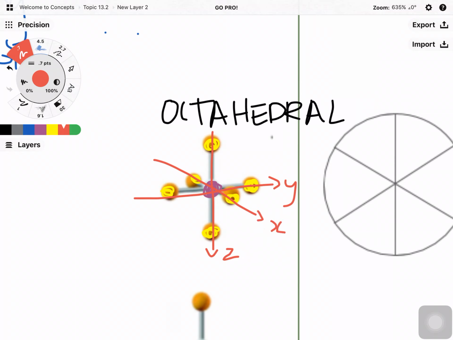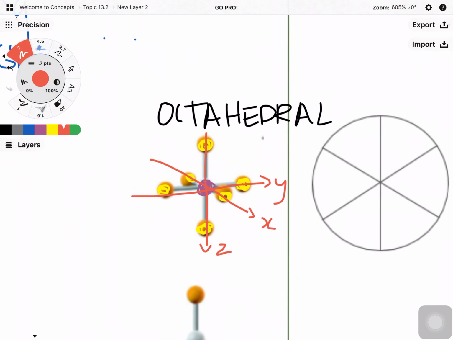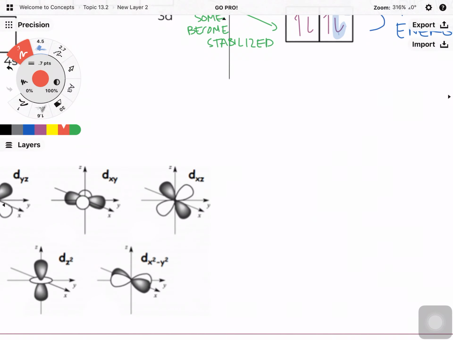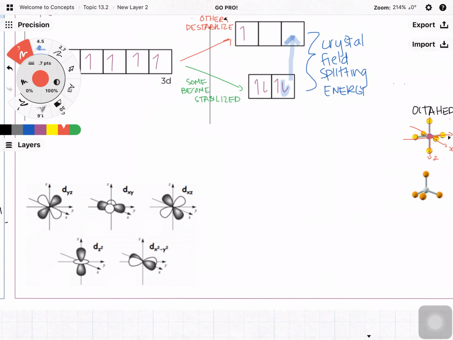Now what you really need to notice is each of the ligands is attached to my metal ion along the axes. They're basically attached along the x, y, and z axis. The electrons being donated in that coordinate bond are bonding along these axes, which is a problem because there are certain electrons that are already along the x, y, and z axis.